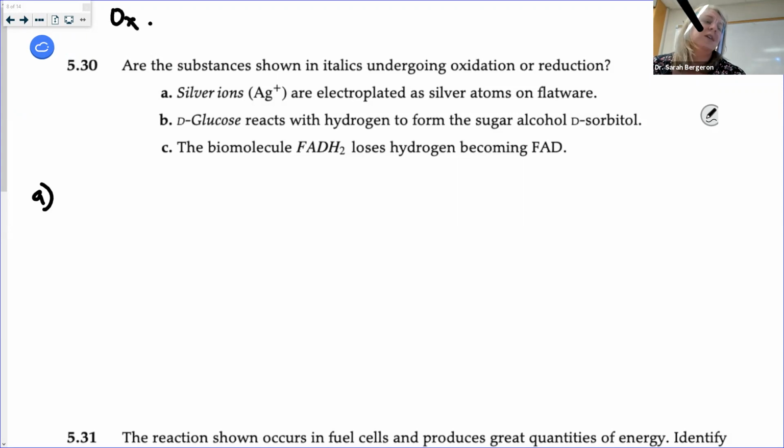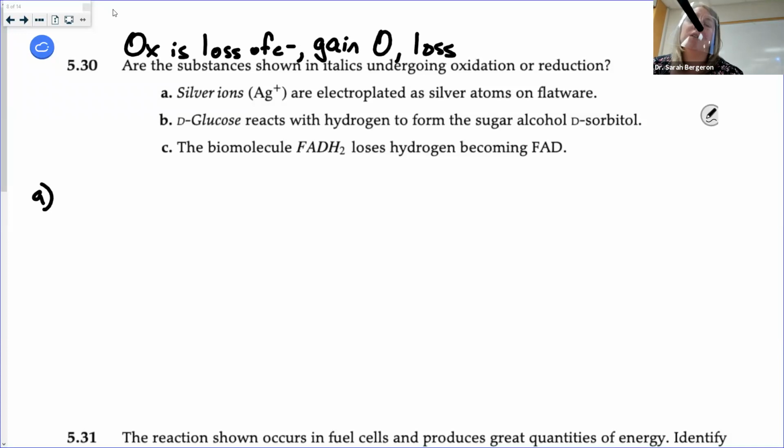Oxidation is OIL, loss of electrons. What else? Gain of oxygen or loss of hydrogen. And then all you have to remember is reduction is the opposite of that.